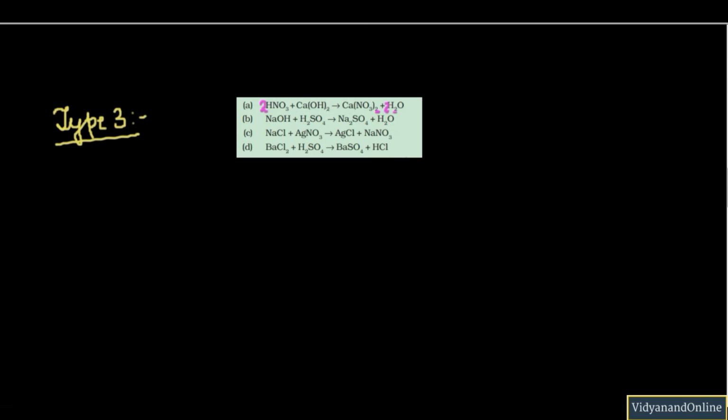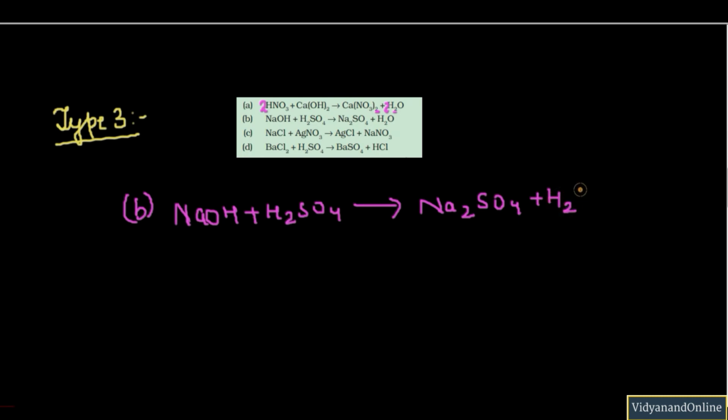Now the second equation is NaOH plus H2SO4 gives you Na2SO4 plus H2O. Now tell me one thing, what are we going to balance? We are going to balance sodium, right? Here the sodium has only one atom, whereas here it is 2 atoms. So if I put 2 here, my sodium will be balanced.